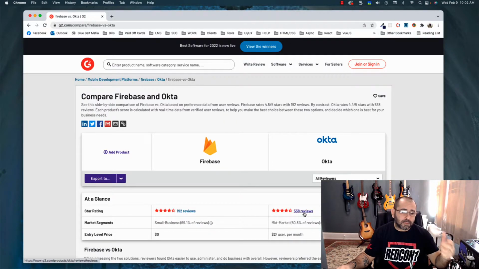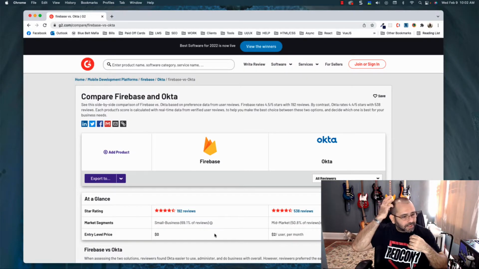They have many more chances to get bad reviews and lower the 4.5 by the system of averages, and instead they kept it. That makes Okta already look better than Firebase. But again, if you like Firebase, go with Firebase.